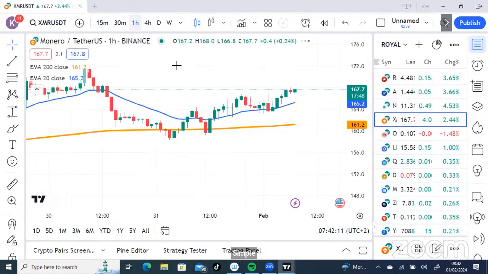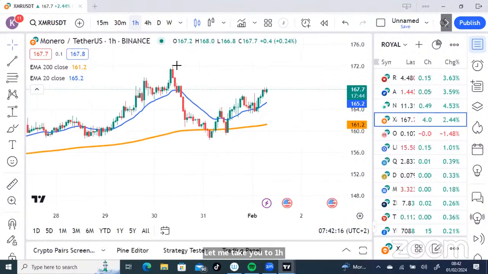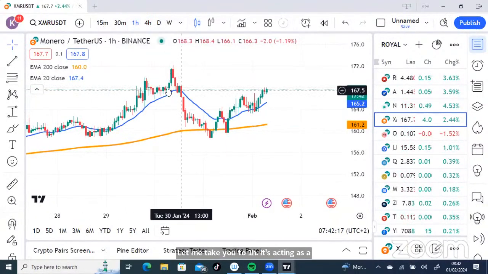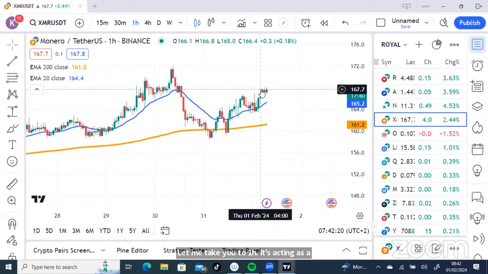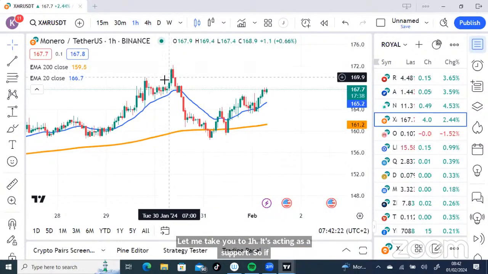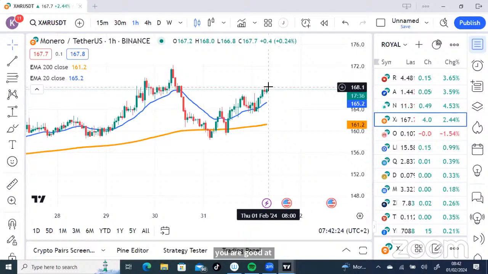Let me take you to 1 hour. It's acting as a support. So if you are good at drawing resistances, it is very clear where you can make exits in the market. Never forget the trend of the market is very important, and that's where we have been putting our focus.